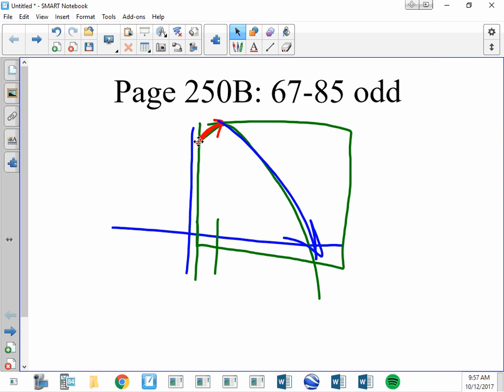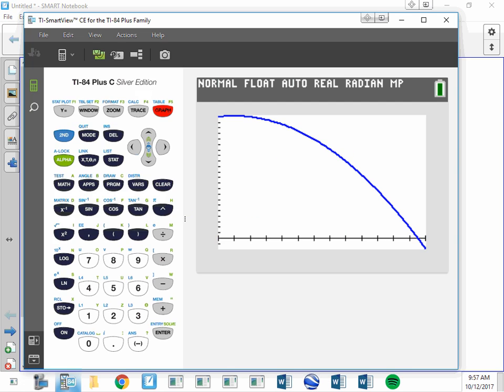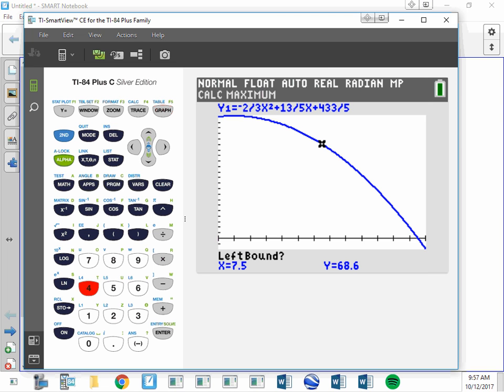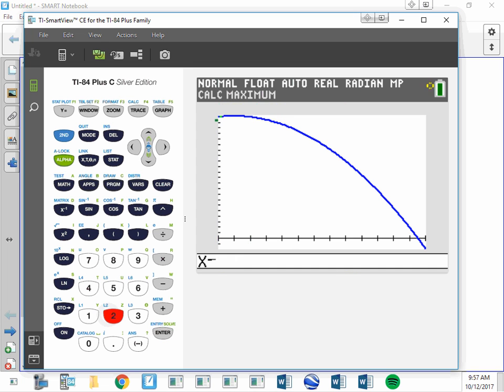So let's find the vertex anyway, just to see if it's at 2. These are kilograms. Yeah, kilograms. So second calc, I want to find the maximum. Left bound, I'm going to do 1. Right bound, I'm going to do 3. And my guess, I'm going to do 2.